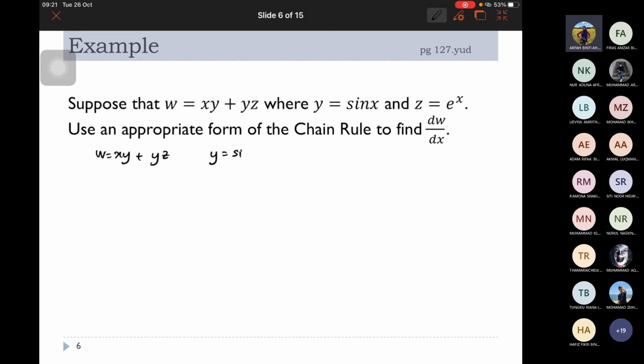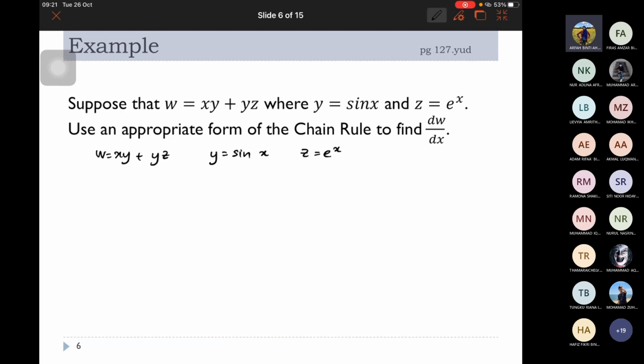Y sama dengan sin X. Z sama dengan exponential X. So dia kata use appropriate form of apa nama dia? Chain rule to find dW over dx, partial derivative of dW over dx.